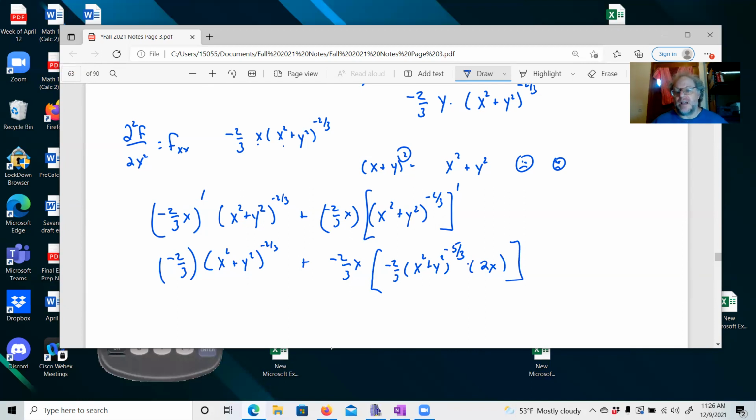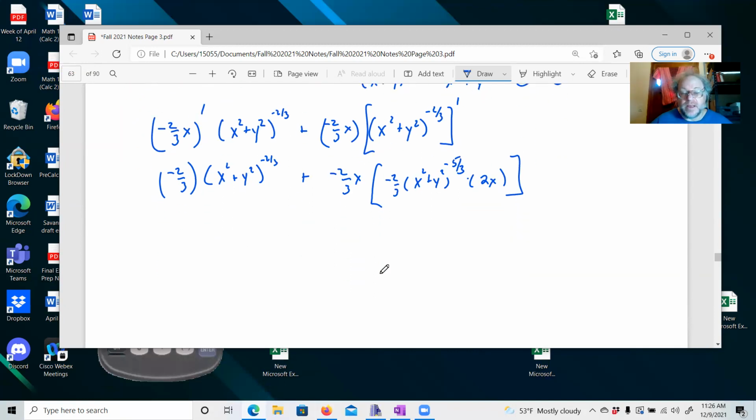Now we have to put this together. So we've got negative 2/3 x squared plus y squared to the negative 2/3 minus, and we've got to get rid of all of this stuff. The 2/3 and the 2/3 can all combine. Those are just constants. So this is 2, 4, 8. 2 times 2 times 2 is 8. We've got 3 times 3, that's 9.